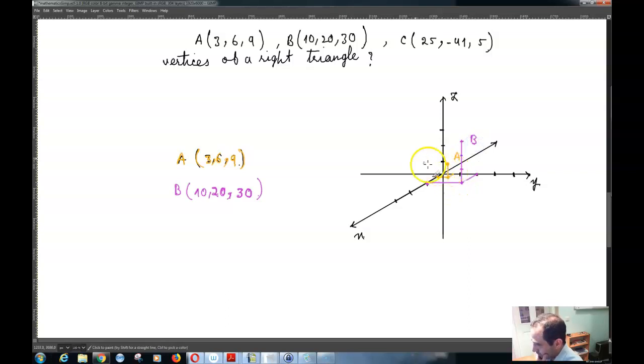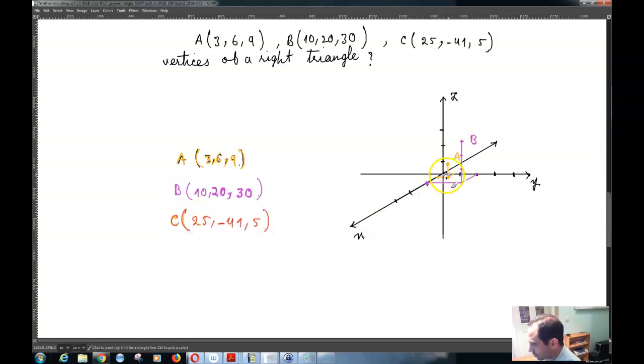And then you would have another point over here, let's say, for example, C, which is 25, negative 41, and 5.